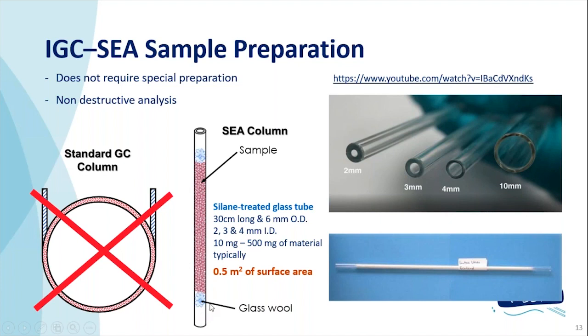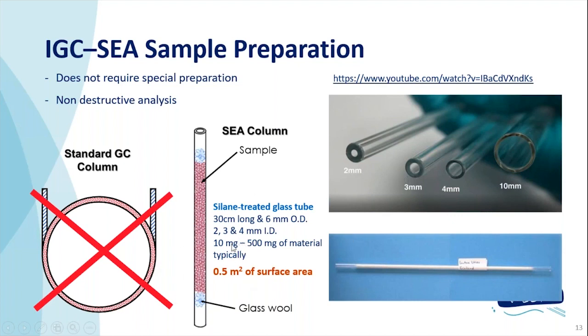To pack a column, you simply place a small amount of glass wool at one end, and load the column with your sample of interest. This could be a fiber, a granule, a powder, or a film, and a small amount of glass wool holds it in place. We have a range of column diameters of different sizes to accommodate a range of both volumes and sizes of particles, powders, or fibers.